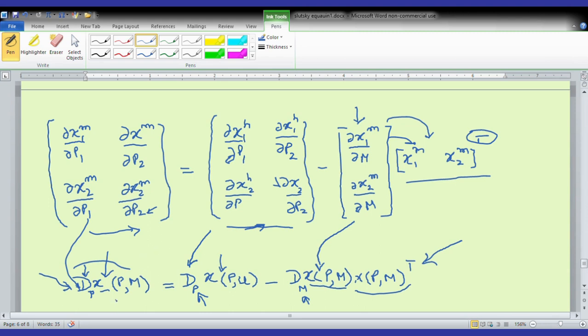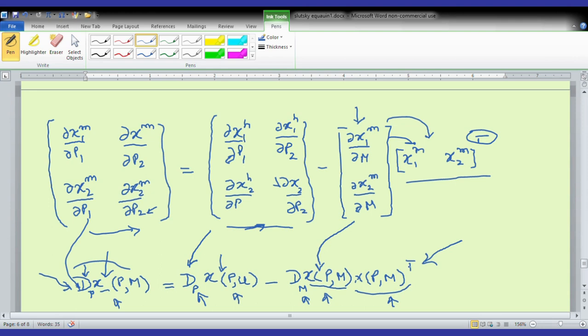So this will be an n by n matrix having the total effects, and this will be the n by n substitution matrix, and an n by 1 column vector of the derivatives of the Marshallian demand functions with respect to income, and this will be a 1 by n transpose of the vector of Marshallian demand functions.